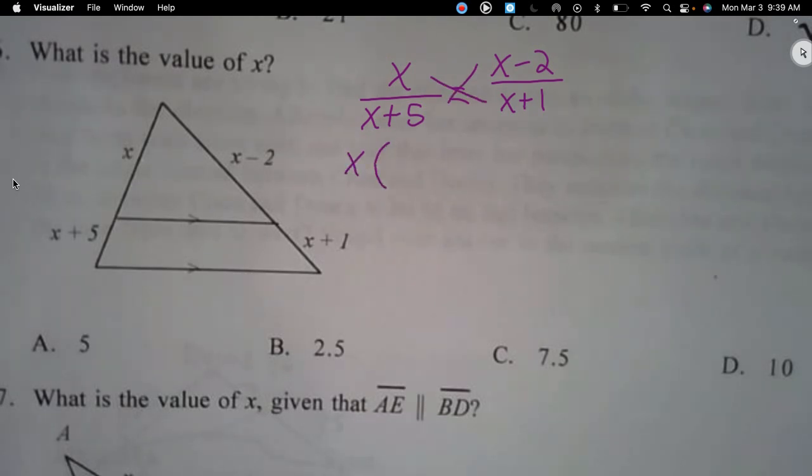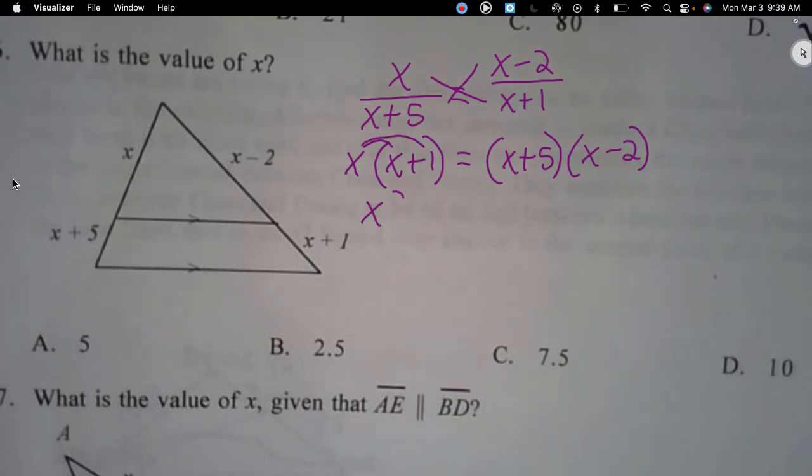I've got x with my x plus 1, and then I have x plus 5 times x minus 2. And we have to FOIL. So this one is a little more difficult. It's algebra though, and we kind of need to bring in some algebra. The first one I don't have to FOIL, I just distribute. I get x squared plus x.